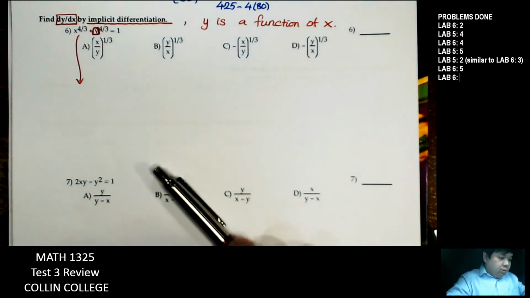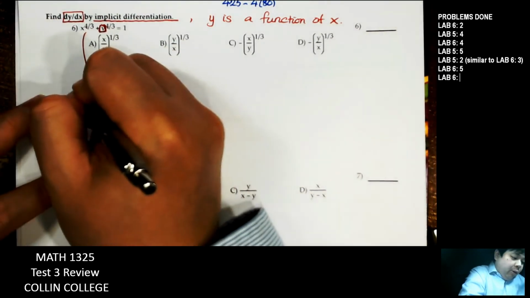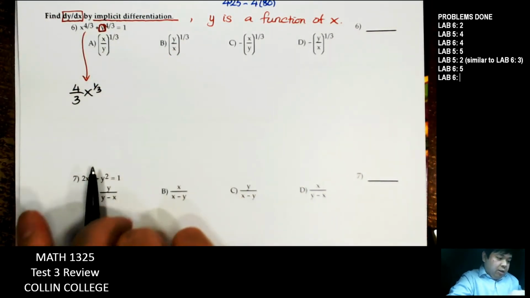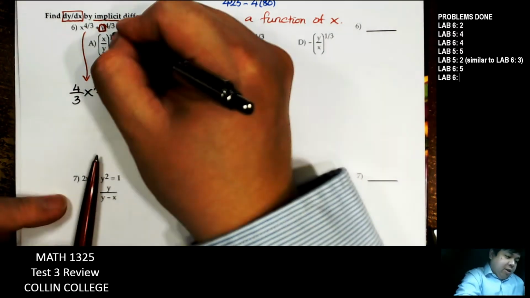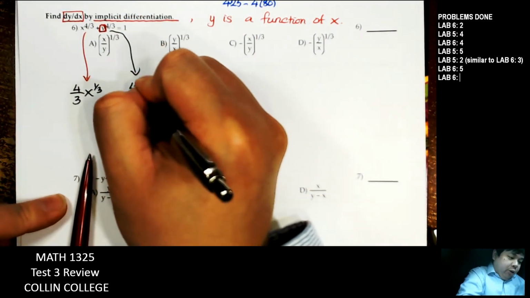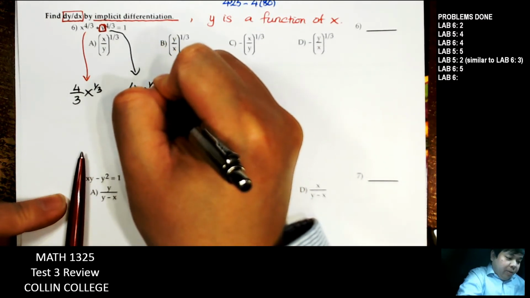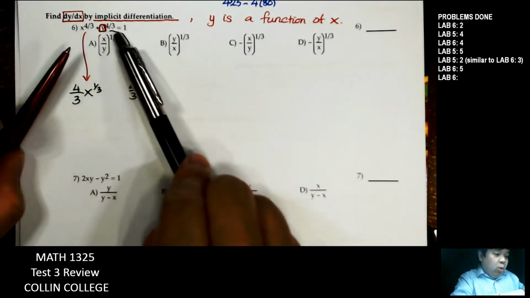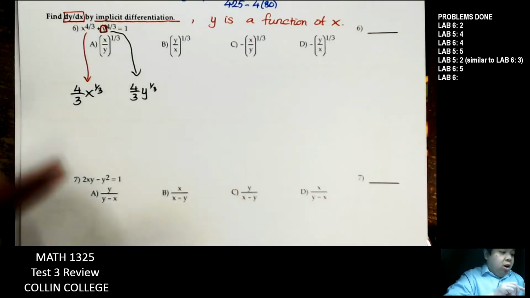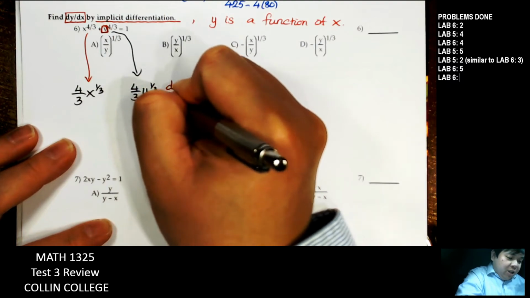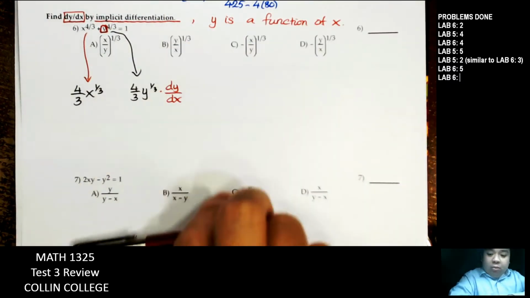If you take the derivative, put a box around y. So we take the derivative. This will be 4 over 3 x to the 1/3, and the derivative of this is 4 over 3 y to the 1/3.